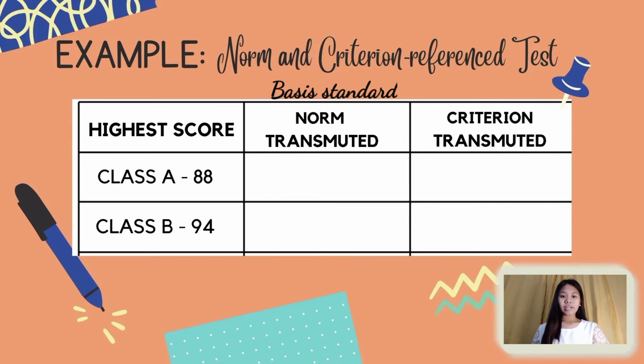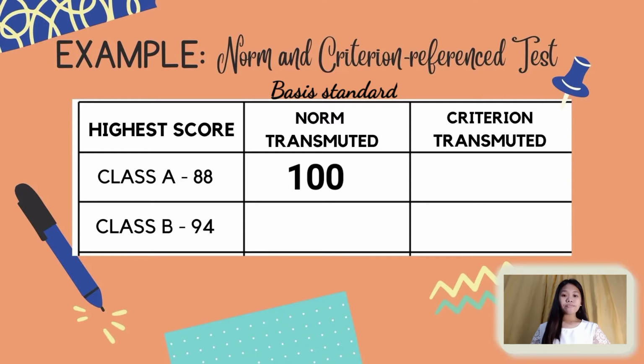Because in a norm reference based system, the person with the highest score will of course receive the highest score, meaning it would be the basis or the standard of the class. So again, in Class A, the highest score of 88 will have the 100% if it is the scaling grade.